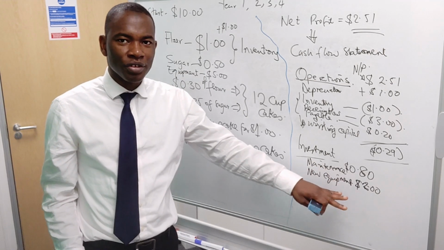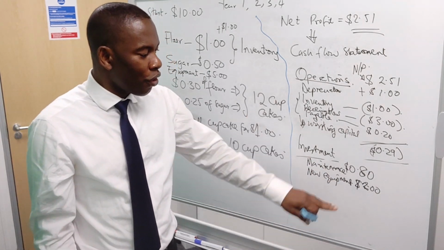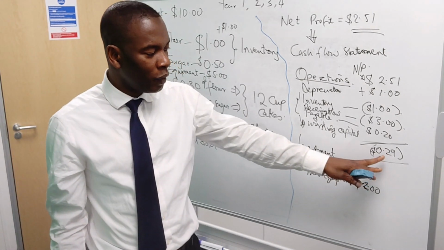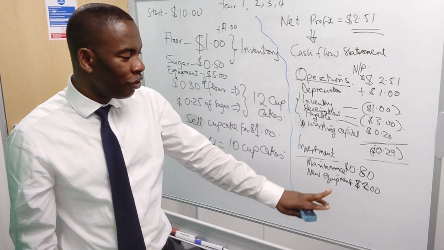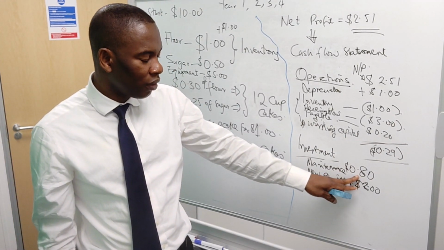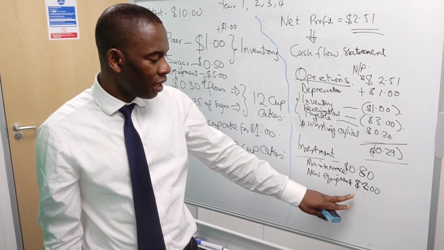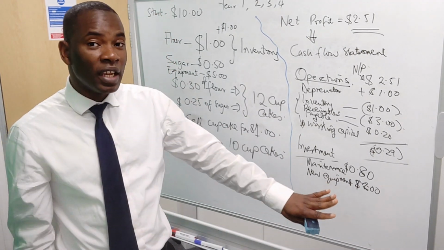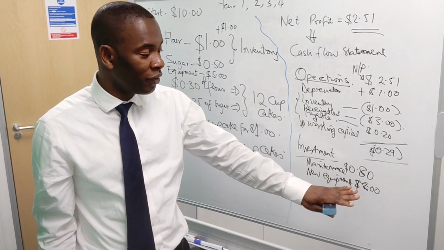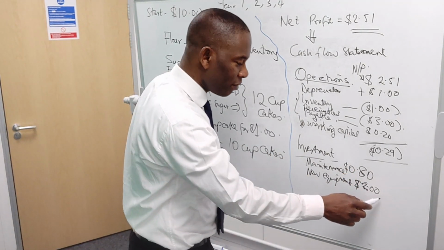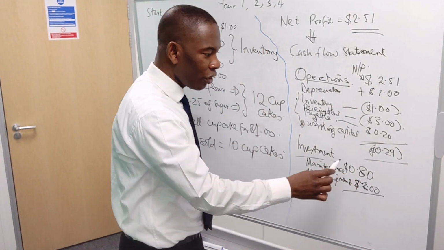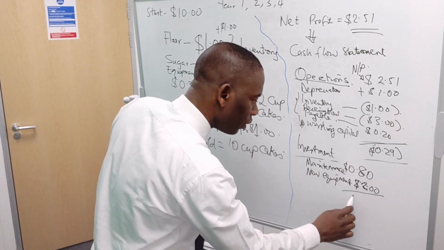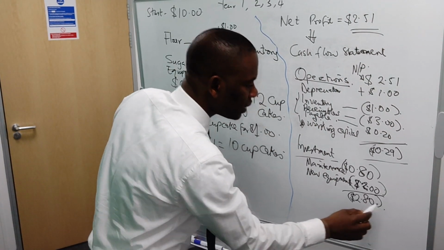Look, just look at right now. You have not made money. You are spending money on maintenance, and you are buying new equipment. So let's just stop here, not go any further. So for investment, you already have $2.80.